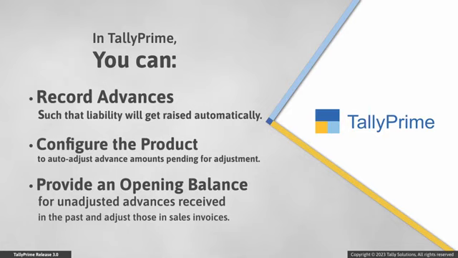And if you want the process to be automatic, you can configure the product so as to auto-adjust the advance amounts pending for adjustment. What's more, if you have some unadjusted advance amounts from your buyers, then TallyPrime has got your back. You can provide opening balance for unadjusted advances received in the past and adjust those amounts in sales invoices.